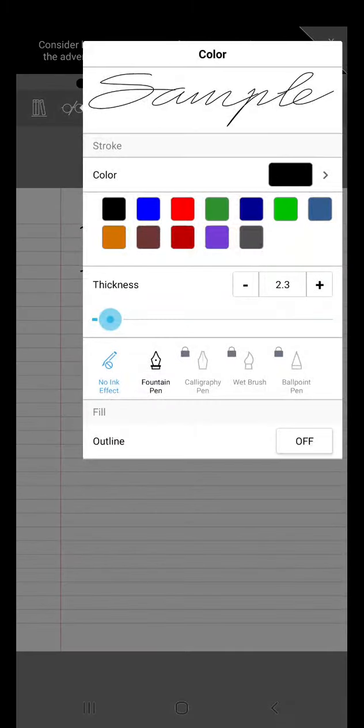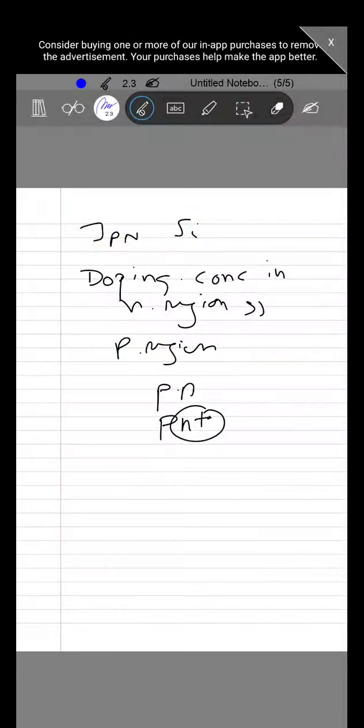So if that is the case, then the doping concentration in the N region, that is the donor concentration, is much higher than the acceptor concentration.